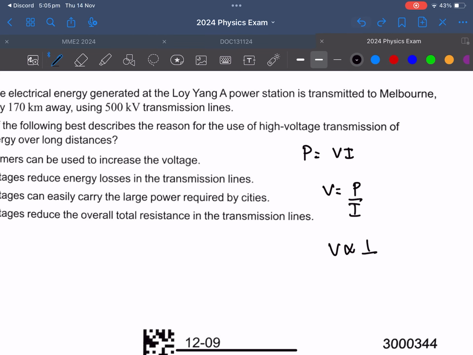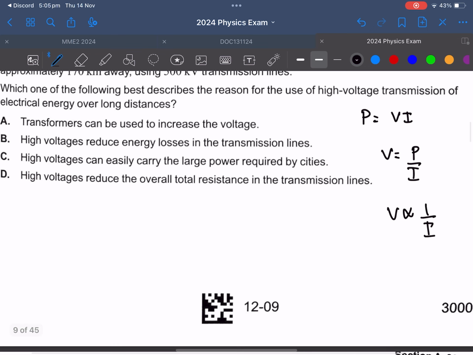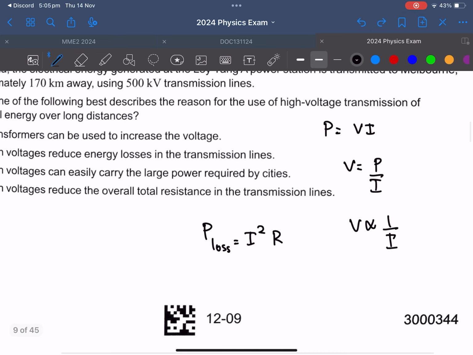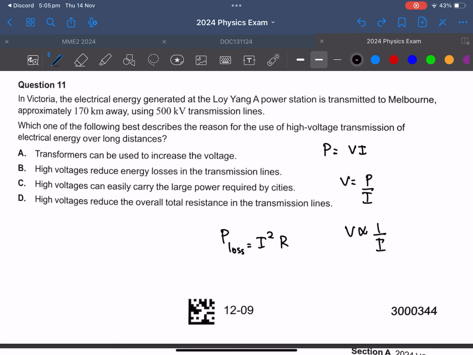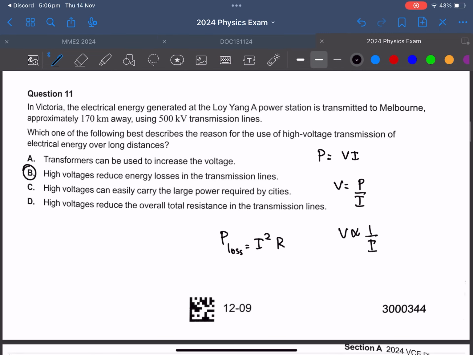Our formula for power loss is also I squared R. So the more voltage we have, the better, because there is less power loss. So the answer is reduced energy losses, essentially, is the correct choice here. I hope that made sense.